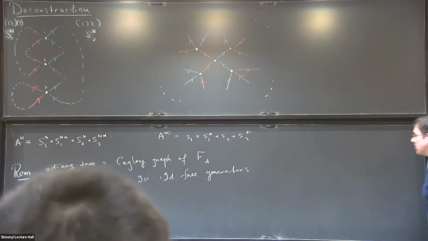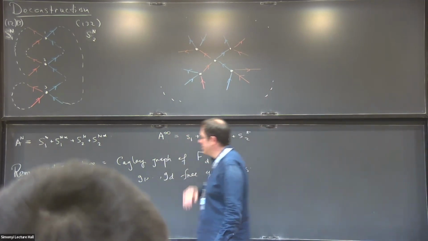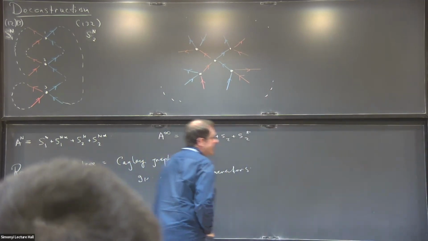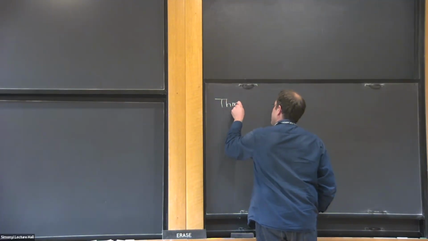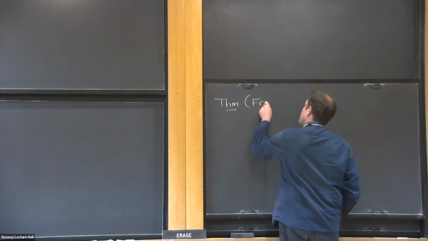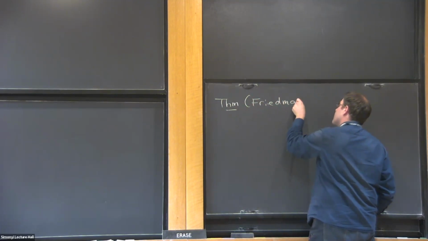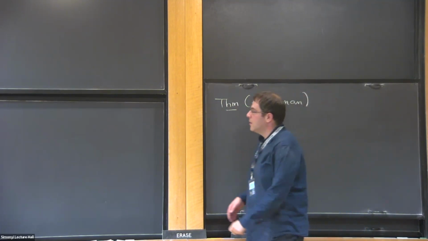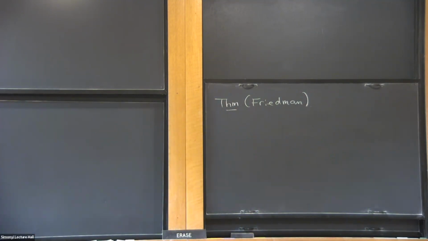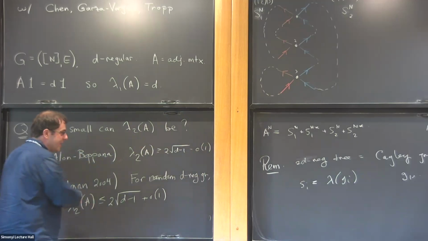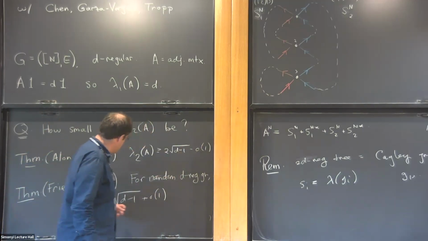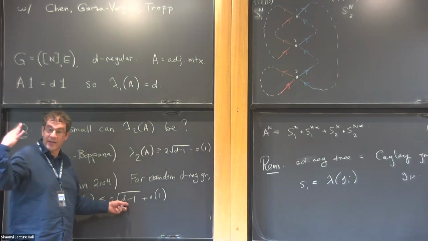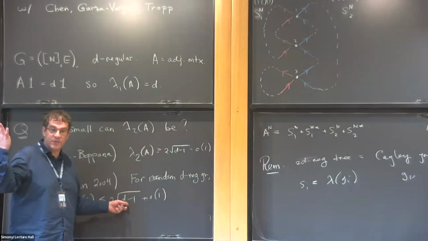All right. So now that I've deconstructed the statement, what does Friedman say? Let me rewrite Friedman. Now, there's a further subtlety here, which is that Friedman says something about the second largest eigenvalue of the finite graph. But I said that 2 square root d minus 1 is the largest eigenvalue of the tree. It's the spectral radius of the tree.